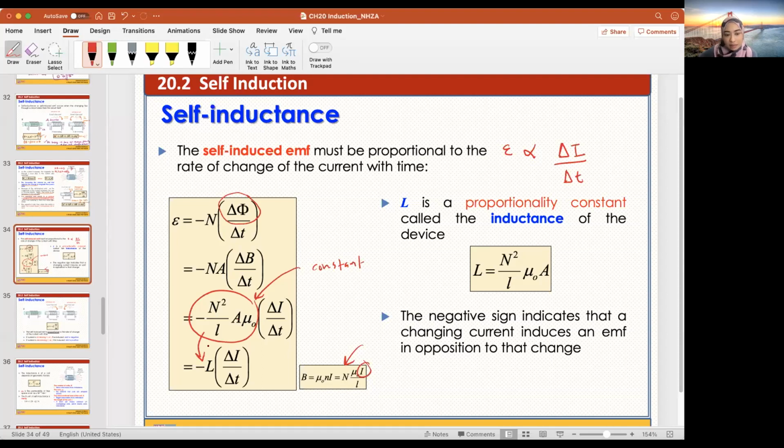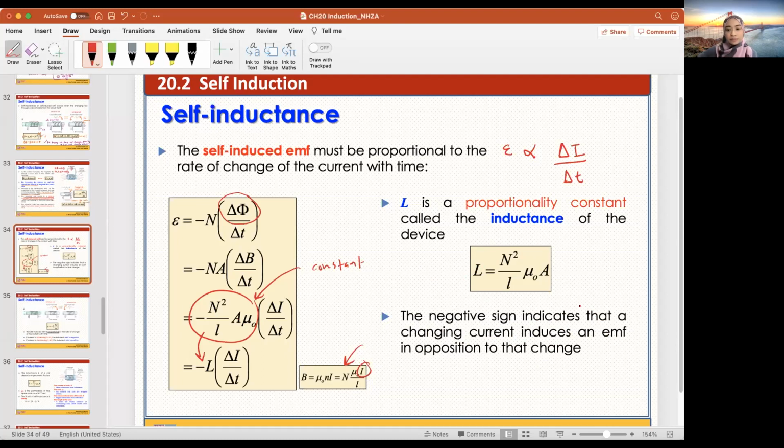L is inductance, okay? L is inductance. So L is a proportionality constant. It basically means a constant called the inductance of the device. So L is this part over here, which is just a derivation of B and of magnetic flux. Okay, so the negative sign indicates that a changing current induces an EMF in opposition to the change.